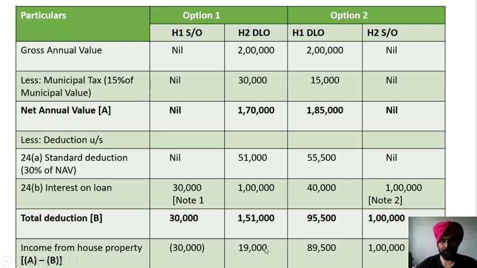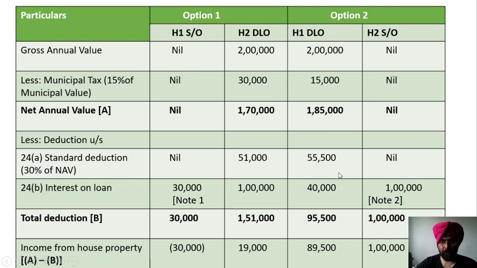So that's the calculation. And in option number 2 we have treated house 2 as self-occupied. In that case, whatever is the interest on loan is deductible, 1 lakh rupees. And in case of house 1 property deemed to be let out, 2 lakh is the annual value, and then we will deduct the municipal tax of 15%, that is 15,000. The net amount will become 1,85,000.